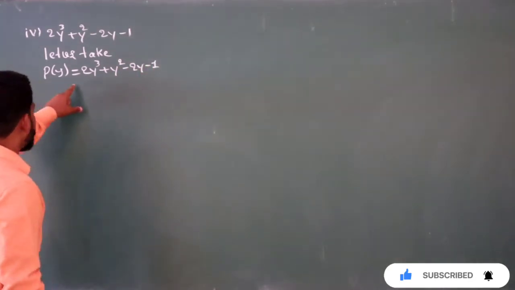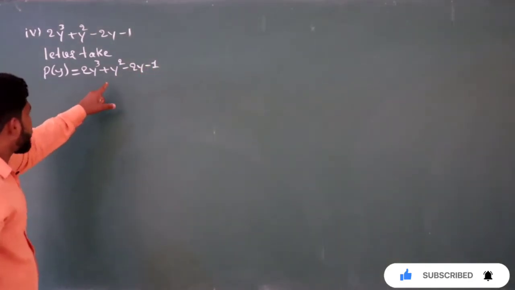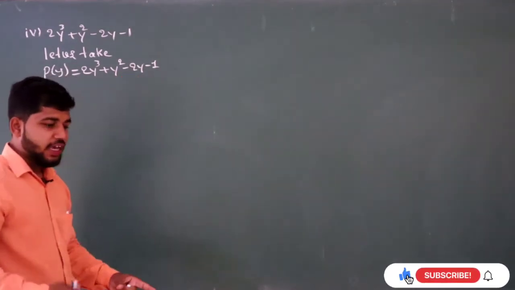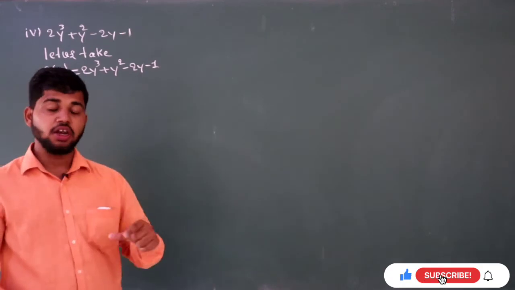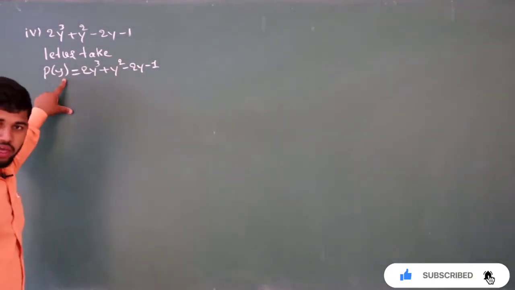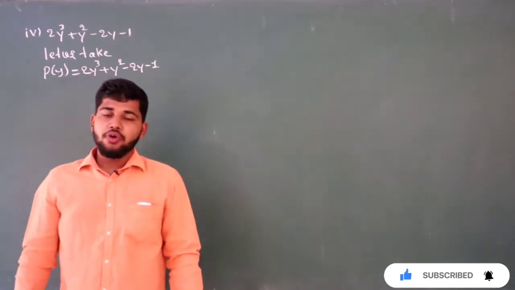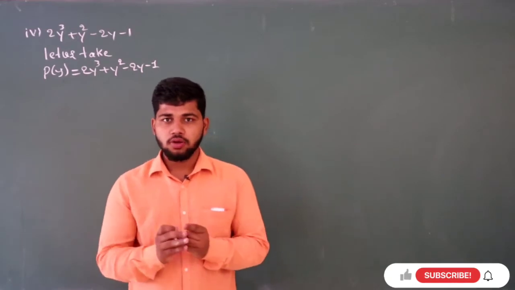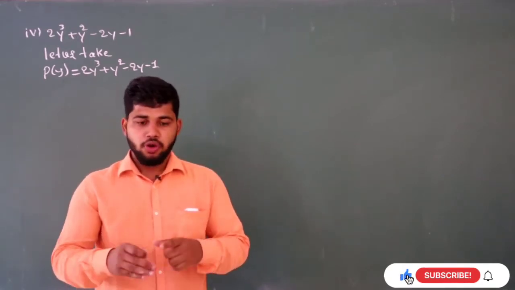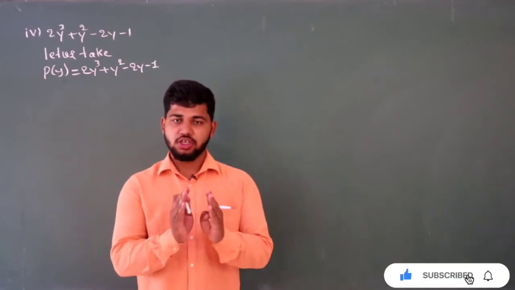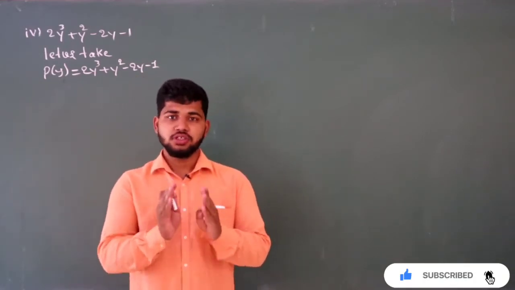Since they have given p of y, we check in the place of the y, using y is equal to 0, y is equal to 1, y is equal to minus 1. Whether you check through 0, 1 or minus 1, you must get the answer 0.